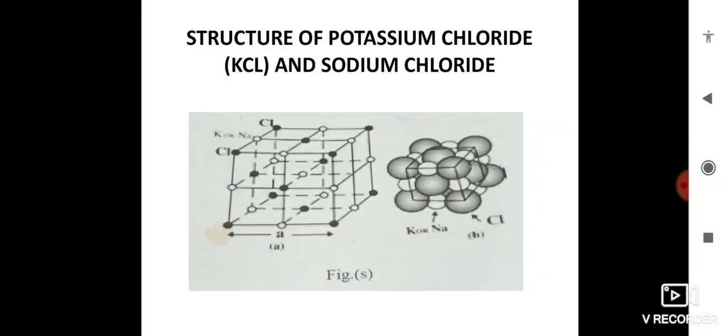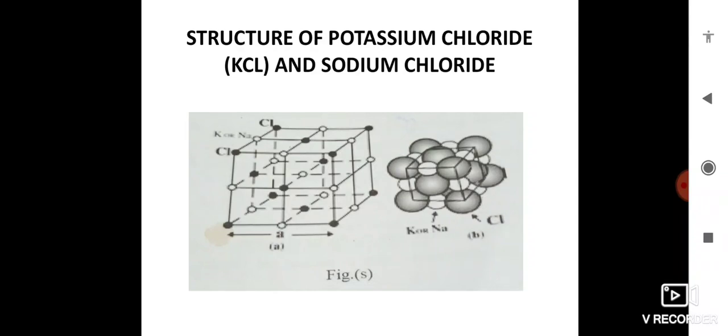Now Bragg's law condition is 2d sin theta equals n lambda, and d equals n lambda by 2 sin theta. Here n equals 1, first order, so d equals lambda by 2 sin theta. Therefore d is inversely proportional to sin theta for a given wavelength.